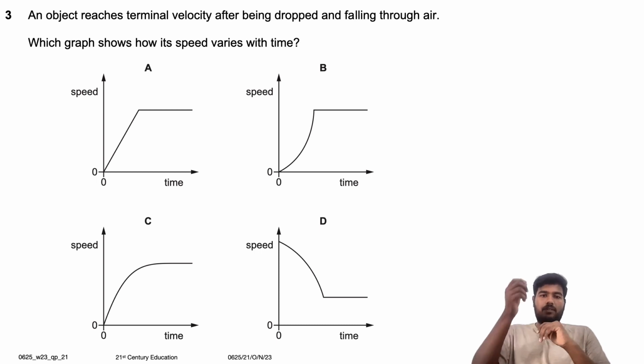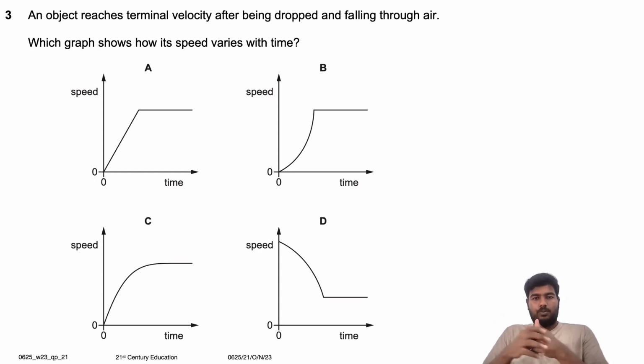Eventually the rate of change of velocity will decrease because of the air resistance, because air resistance is proportional to velocity squared. As air resistance increases, the rate of change of velocity decreases, meaning the acceleration decreases until there is no resultant force to accelerate it. So you will be falling with a constant velocity.